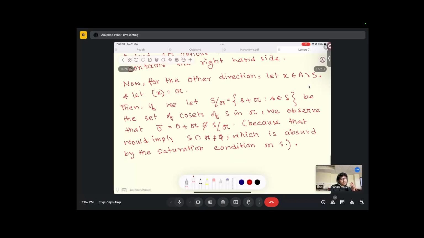So all I'm trying to say is that 0 doesn't belong to S by A, because if 0 belongs to S by A, that would imply that S intersection A is non-empty.